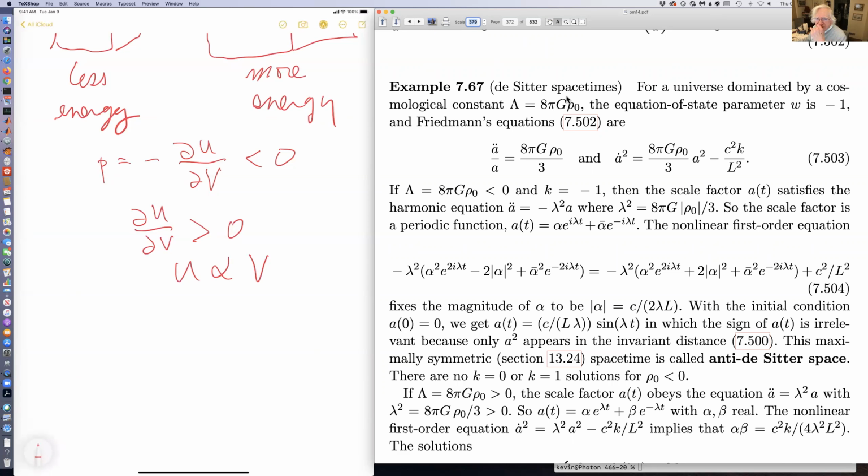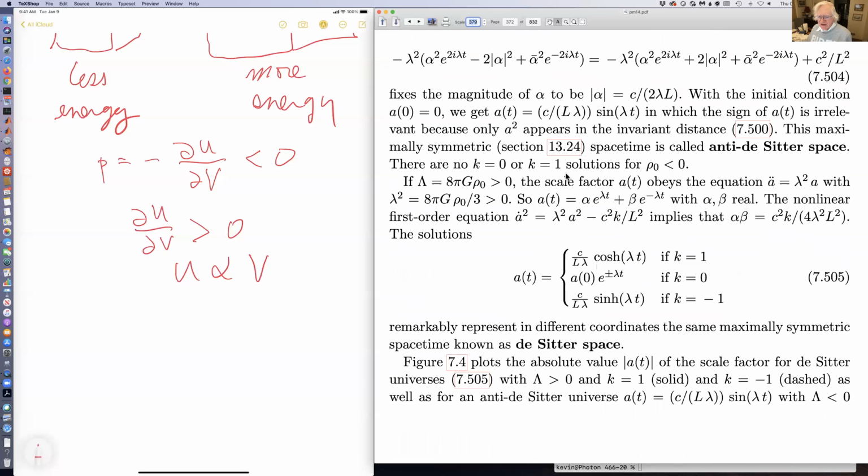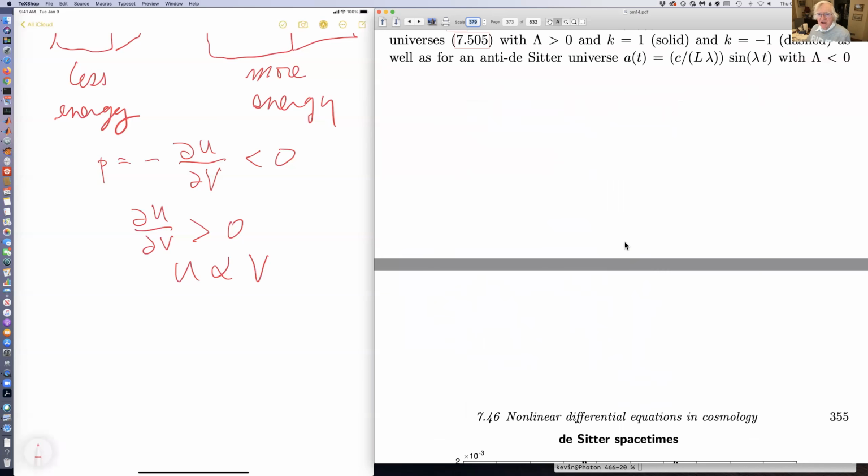There's a prefactor G, which is Newton's constant, that's very small. If we then substitute, we get these two equations. And if lambda is negative and k equals -1, then A satisfies this harmonic equation. And so for the absolute value of A, we get basically a sine wave.